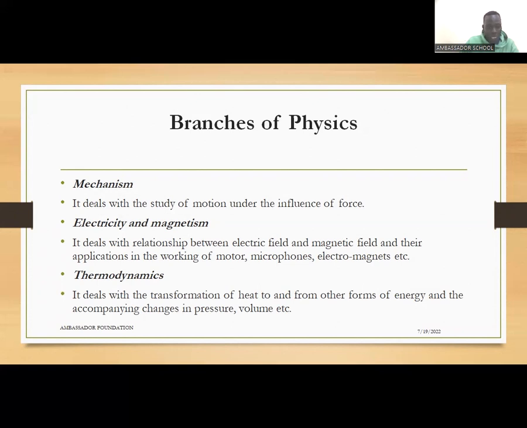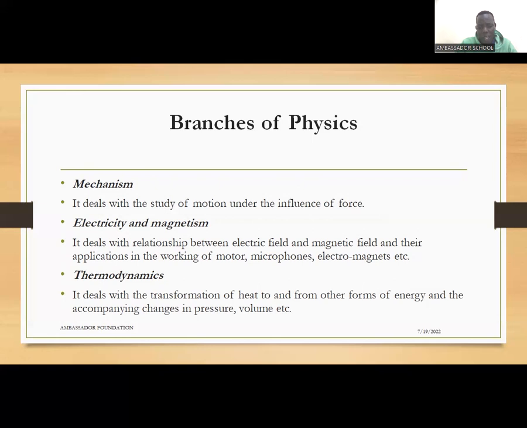So what does electricity and magnetism entail, or what are we supposed to talk about when we shall be dealing with electricity and magnetism? It is a branch that deals with the relationship between electric field and magnetic field and their applications in the working of electronic devices such as motors, microphones, electromagnets, and many others.